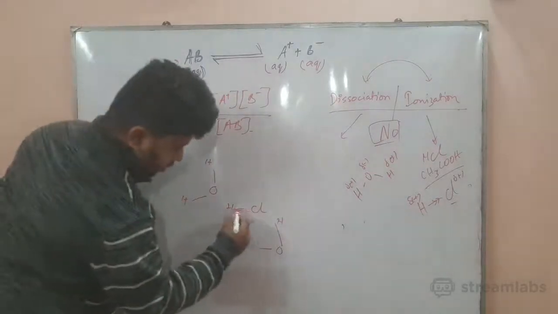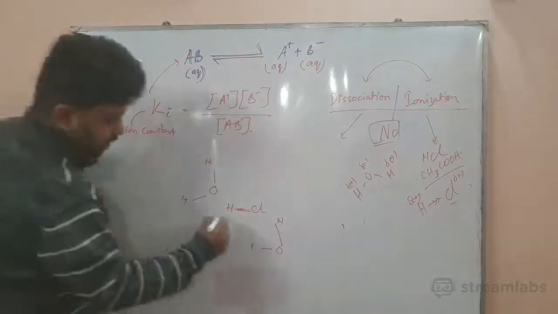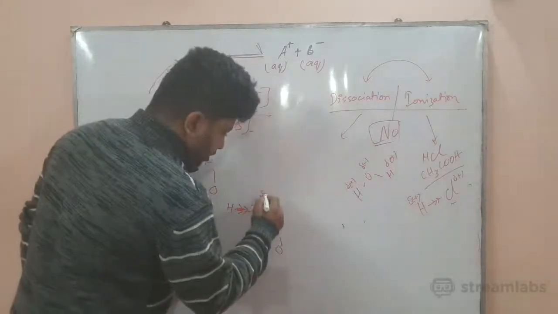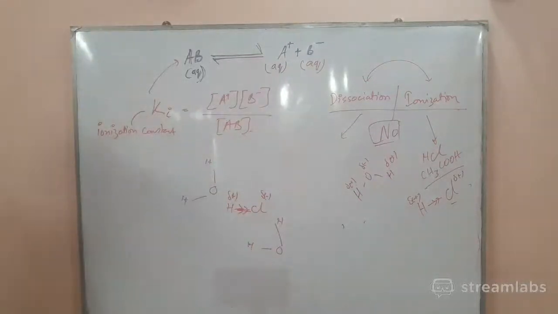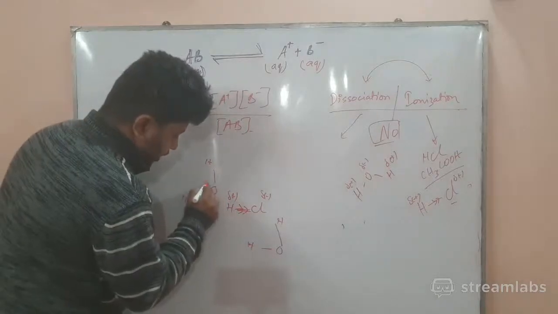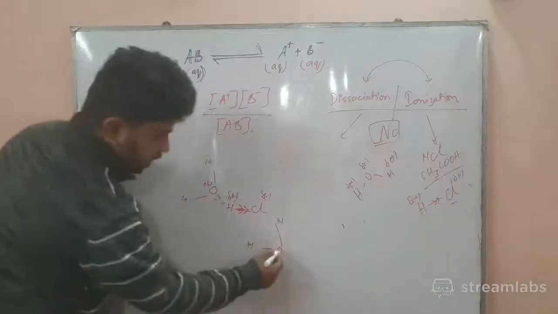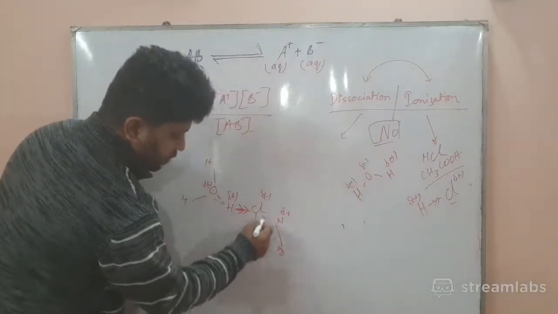Already HCl's condition was that it pulls the bonded pair of electrons towards itself, so it becomes slightly delta negative and delta positive. Now imagine this molecule has been put inside water. The delta negative end pulls the H plus, and a force of attraction starts.